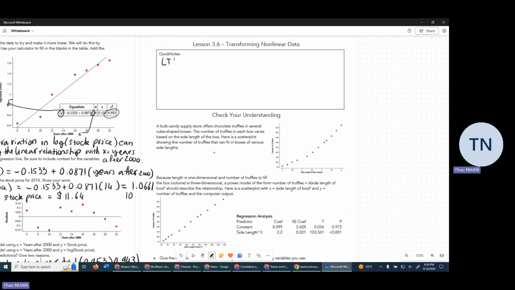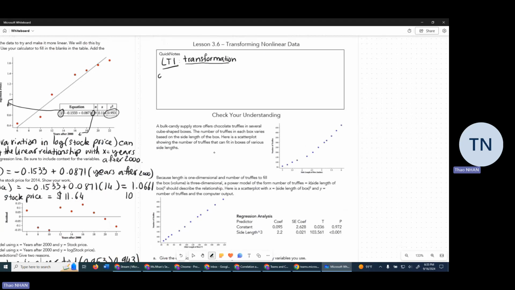Learning target number 1: we learned how to transform our data. There's a couple of ways you can do it. The most common one is to take the log of your data. Sometimes you can even use an exponential transformation. But the most common one people do is to take the log of all your y values.